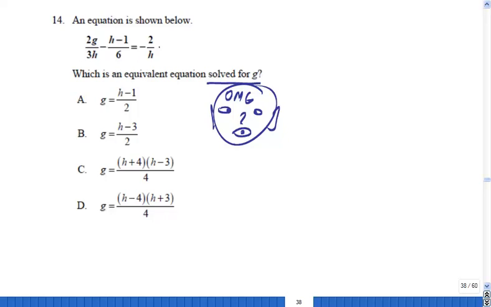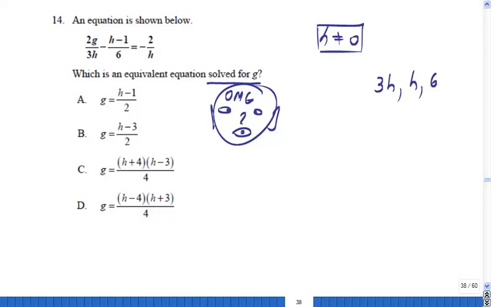First of all, h should be different than 0. Whenever I have a variable as a denominator, I'm making sure: warning sign, no trespassing, 0. H cannot be 0. Next thing, what is the common denominator of 3h, h, and 6?